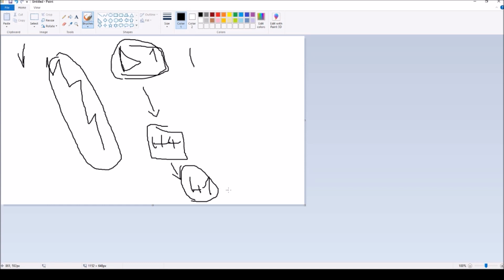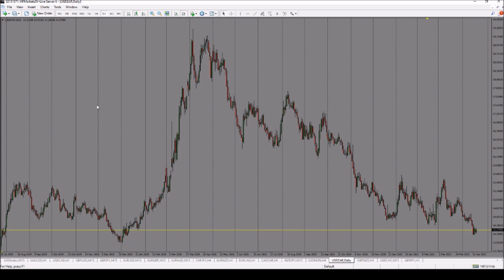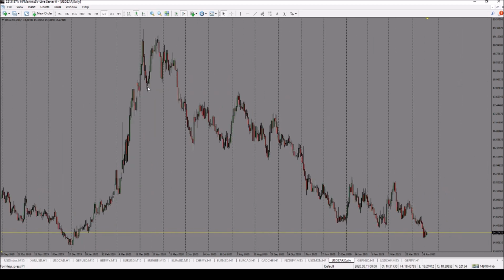So we are going to be using US dollar against the South African rand, which is basically USD against ZAR. So what we want to achieve on this pair is to actually anticipate where the market is going to take us next. So the first thing that we have to do is to go on the daily time frame to see which number of waves do we have and how many waves have we actually been issued.